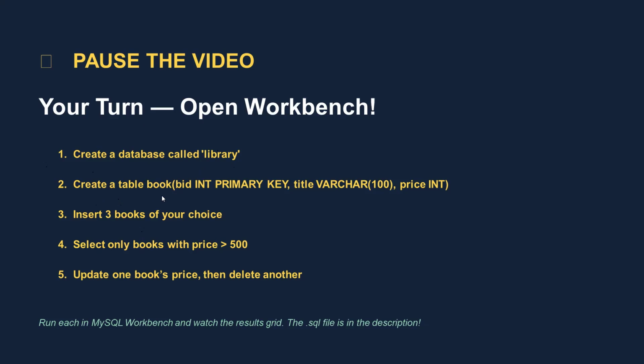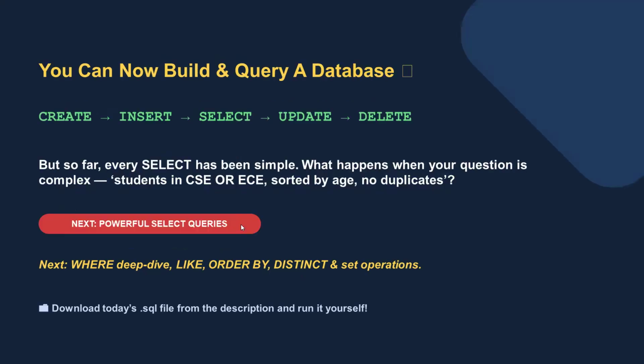You have to create one table book and its attributes are BID, integer, which is a primary key, title, varchar, and price. Okay. You have to insert 3 books of your choice, select only books with price greater than 500, update one book's price, then delete another. So these questions we have to do, and that I will showcase to you in the Workbench or MySQL server.